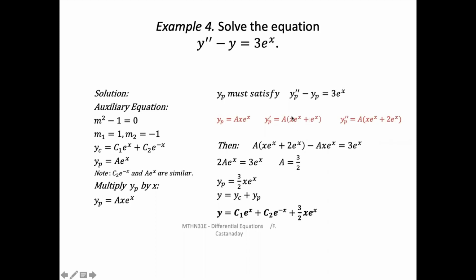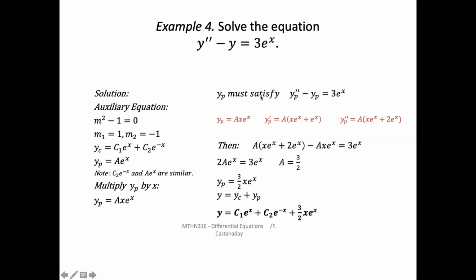So this is the first derivative. And then differentiate this one, so you have e raised to x, that's why you have 2 times e raised to x. I just have written here the value of combining e raised to x. So this is the second derivative of y sub p.